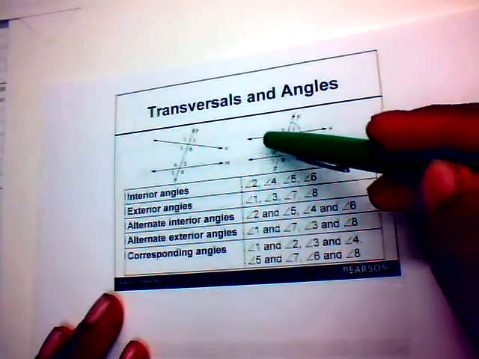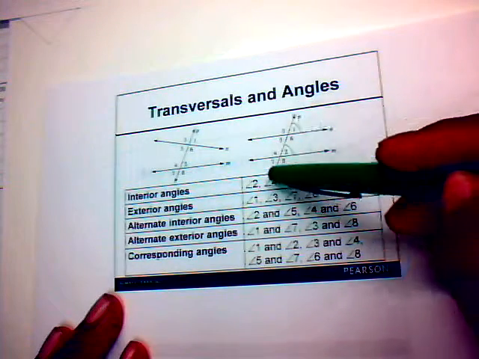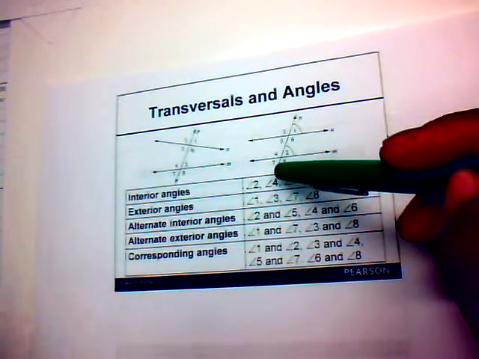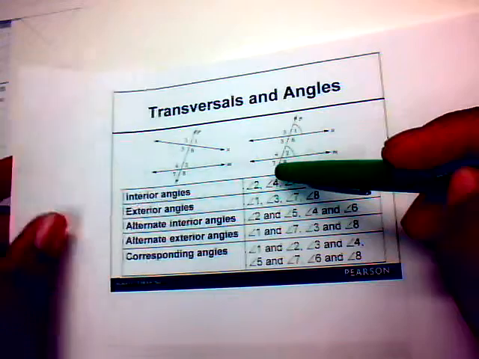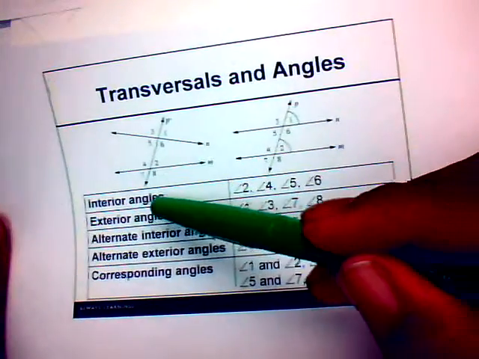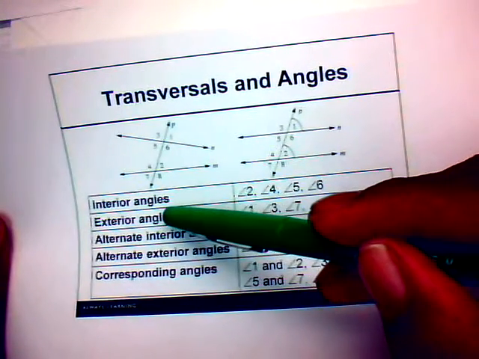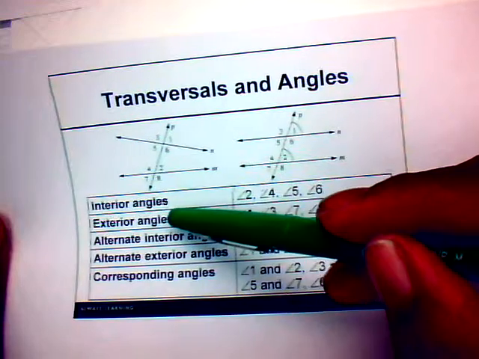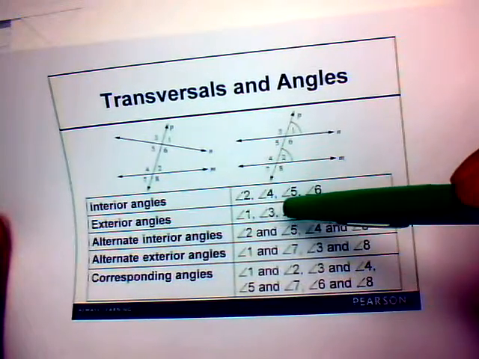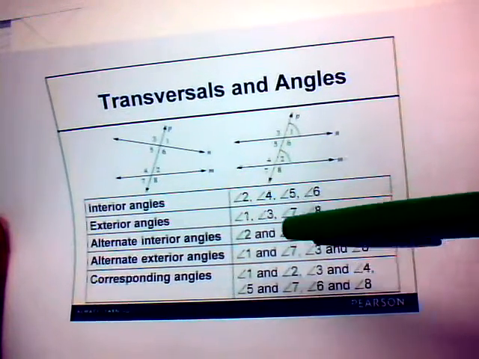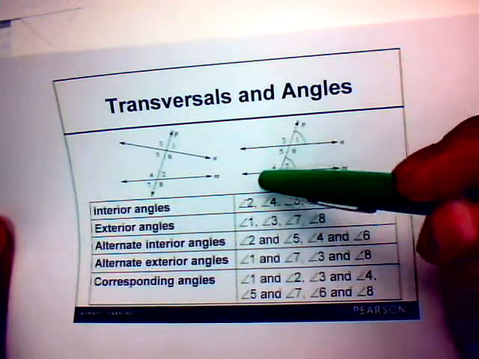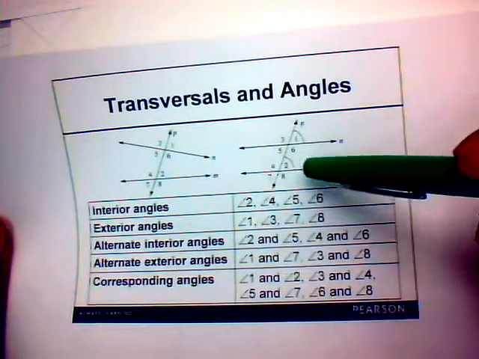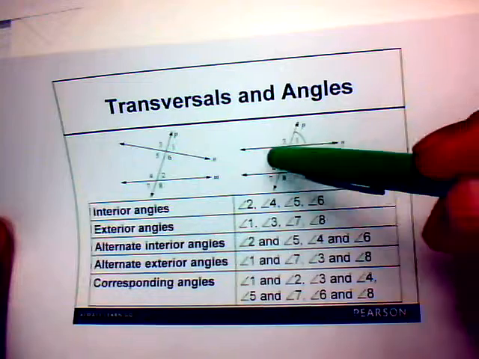And when you have two lines that are cut by a transversal, you have special types of angles. Let's say interior angles is the first one. If you look at this one, angle 2, angle 4, angle 5, and angle 6 are interior angles. Those are the angles on the inside of those two lines.